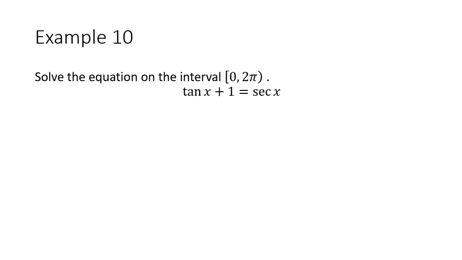Example 10, solve the equation on the interval from 0 to 2 pi. The tangent of x plus 1 is equal to the secant of x. Okay. Sometimes it turns out that you won't be able to manipulate the equation or do any kinds of substitutions and come up with anything that you can do something with. For example, I can turn the tangent into the sine over the cosine, and then I can turn the secant into 1 over the cosine.